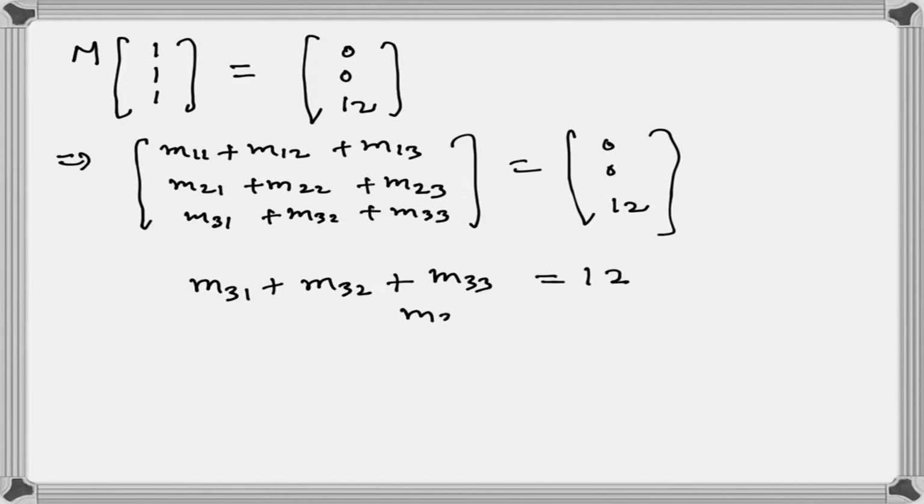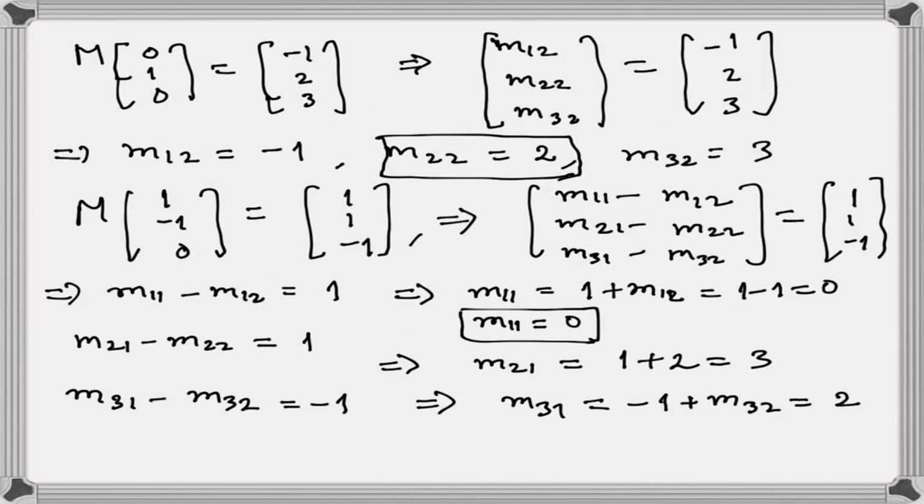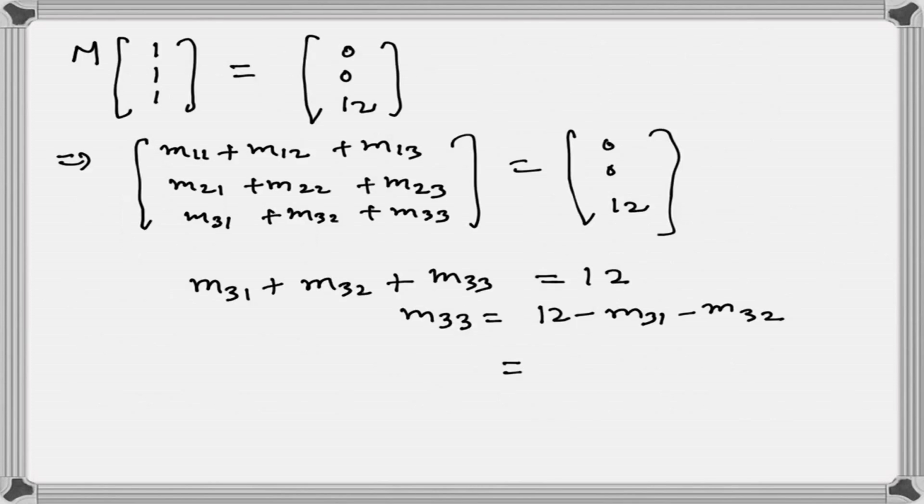So M33 is nothing but 12 minus M31 minus M32. What is M31? Let me check the previous one. M31 is 2 and M32 is 3. So 12 minus 2 minus 3 is 7.